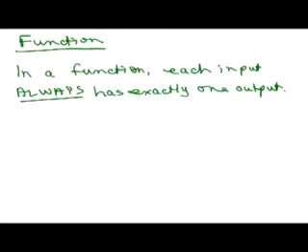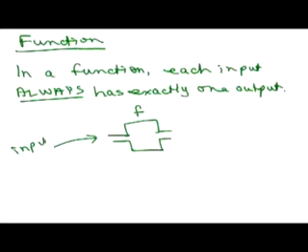All right, we're going to get to just the very basic idea of a function. In a function, each input always has exactly one output. You can think of there being like a little function machine here. So if I put my input in there, it does some stuff in here.